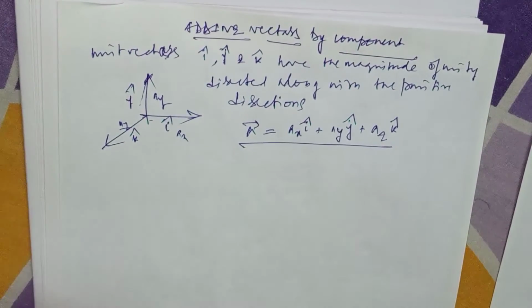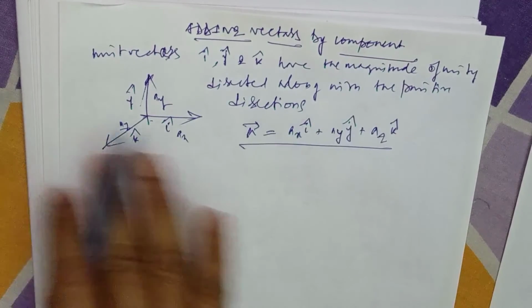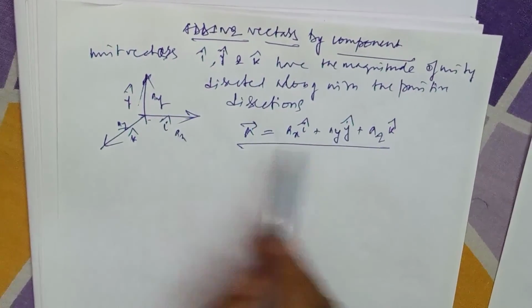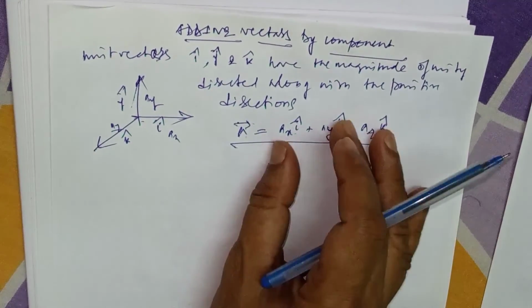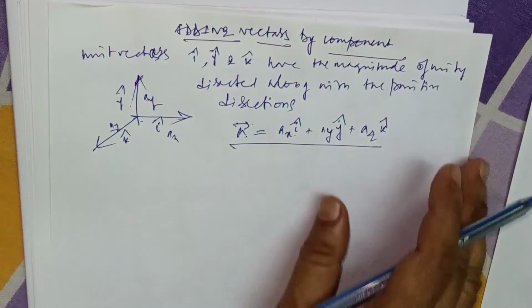So we can understand this situation. From this picture we can add the components of vector a and vector b. If we add these parts, we will get the resultant vector.